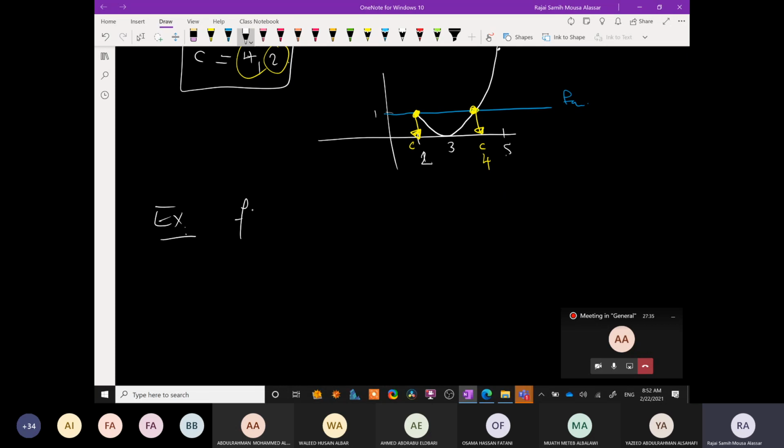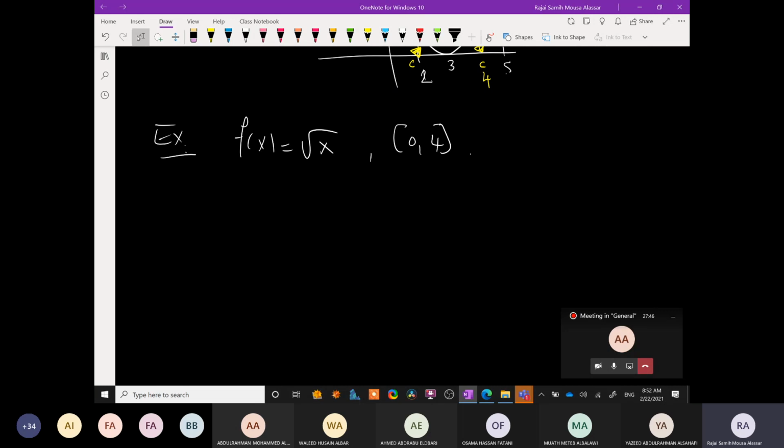Okay, so we have another example. Again, the same thing. There's nothing new here. I have this function, and this is on 0 to 4. And again, the same problem. Find the average value and find where the function hits its average value, right?